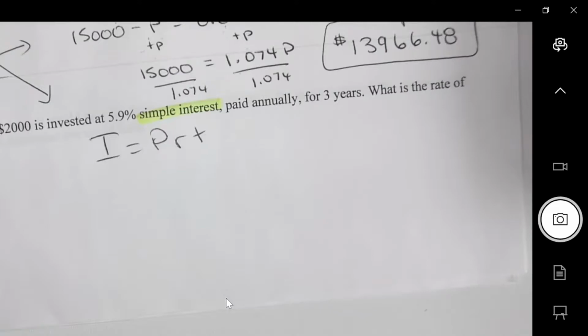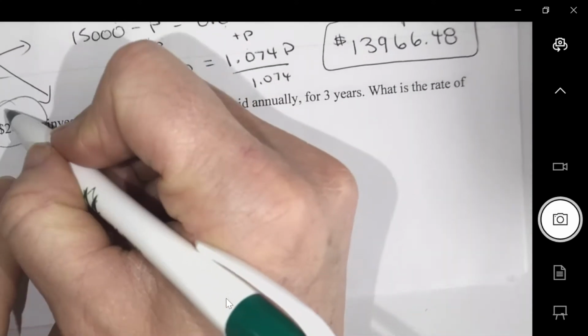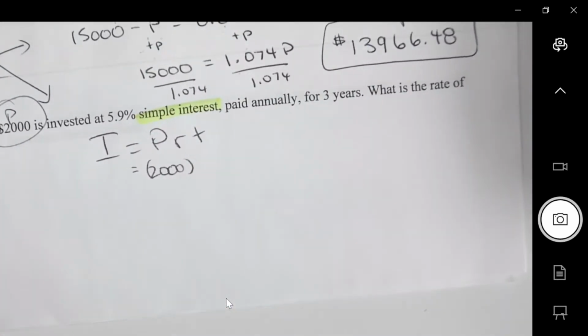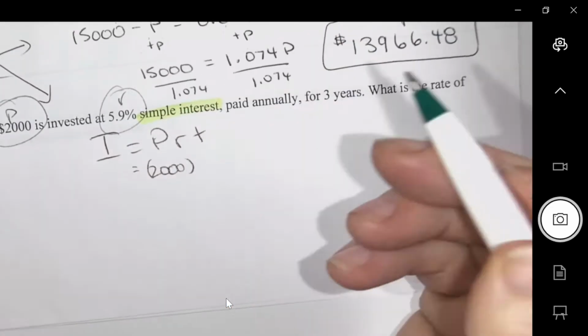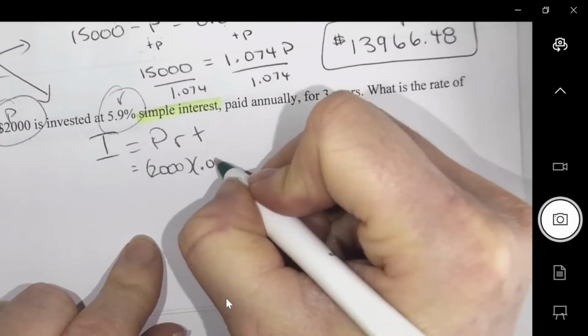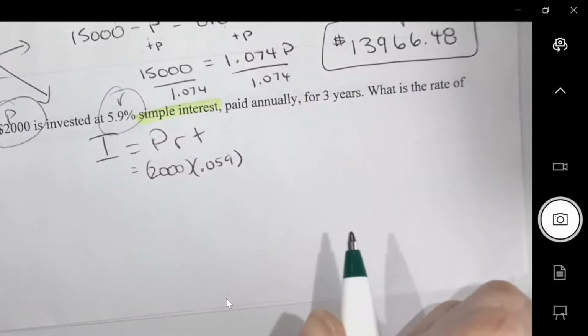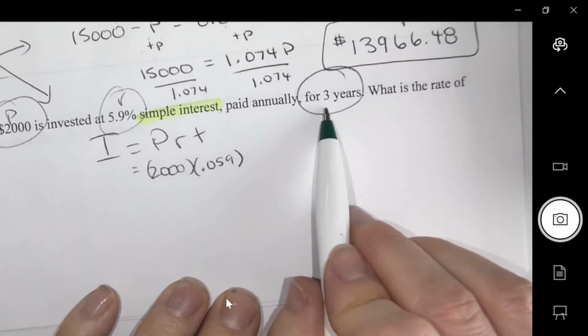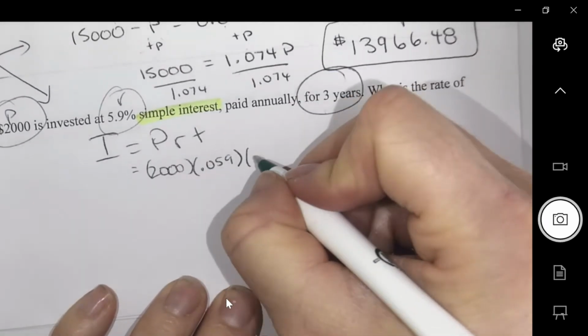So your principal, that's nice, just there for us, 2,000. Rate, change it to a decimal. Three years.